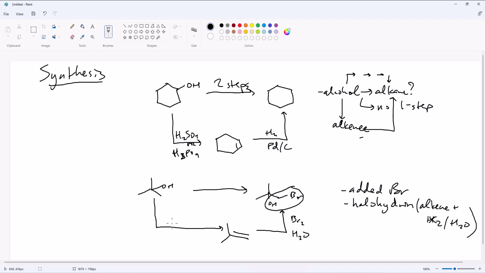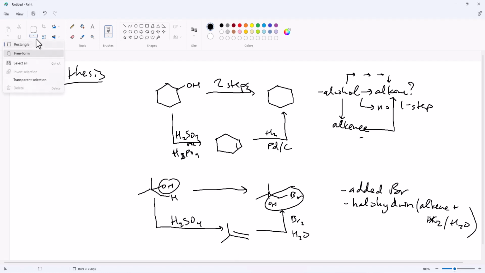Alcohol to an alkene is going to be a dehydration. We've lost OH, we've lost an H terminally, so this is a dehydration. We can do that by addition of H2SO4 or H3PO4. Either one of those would work. So to go from tert-butyl alcohol to this bromo-substituted tert-butyl alcohol, we first do the dehydration with H2SO4, and then finally, to form the halohydrin, we do Br2 addition in H2O.